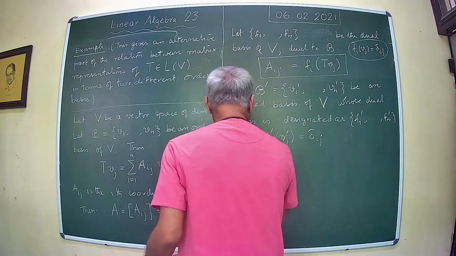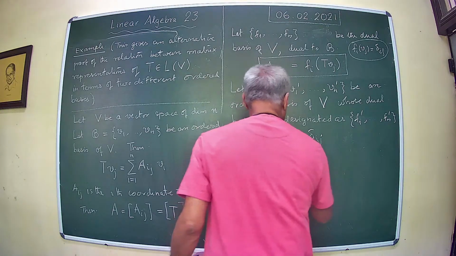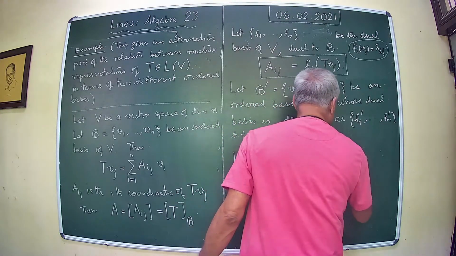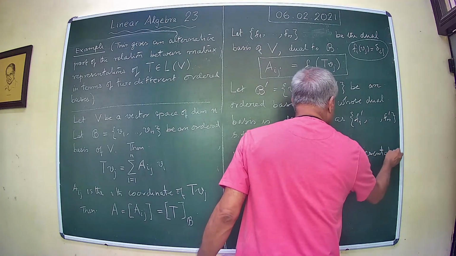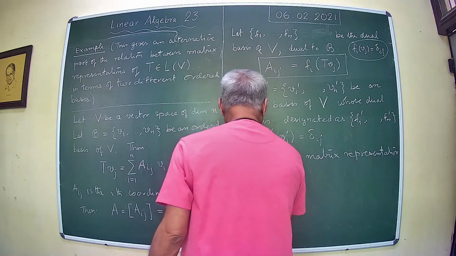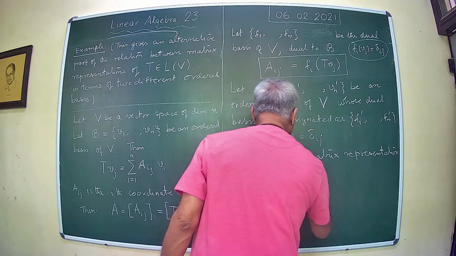Let B be the matrix representation of T with respect to B prime.